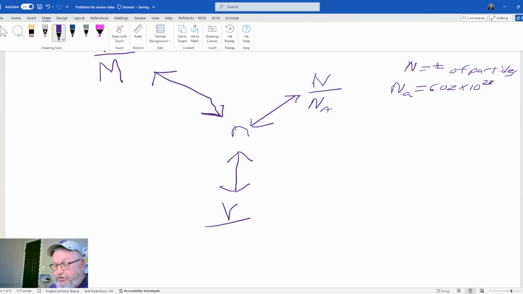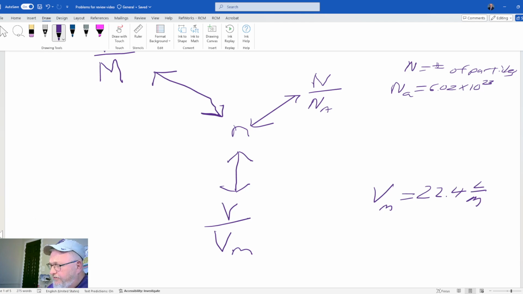You either measure it, or it's given to you in a problem, and you're going to divide by the molar volume, Vm. Vm is always the same at STP, standard temperature and pressure. It is 22.4 liters per mole. That's what you need to do well on these problems, right?